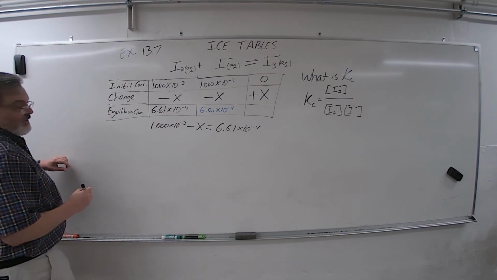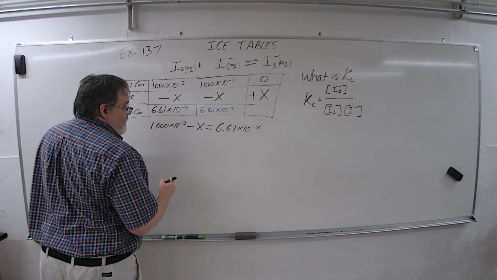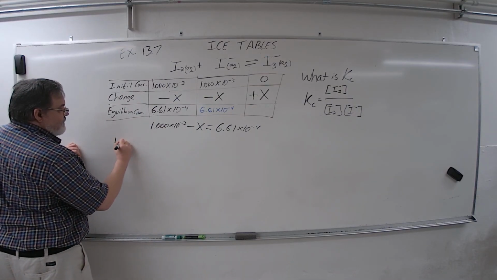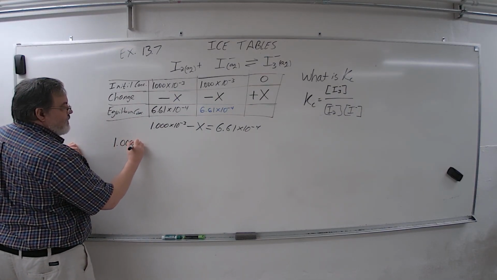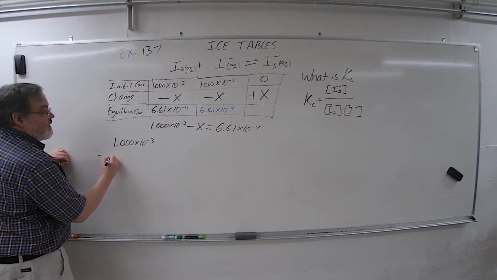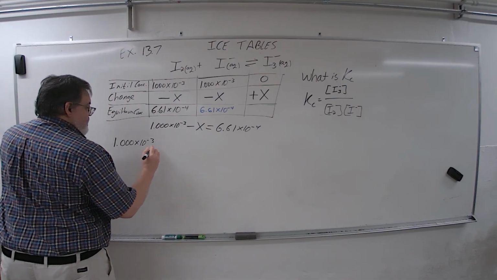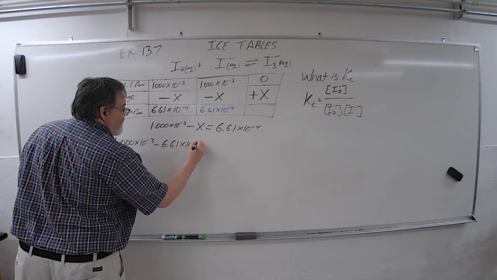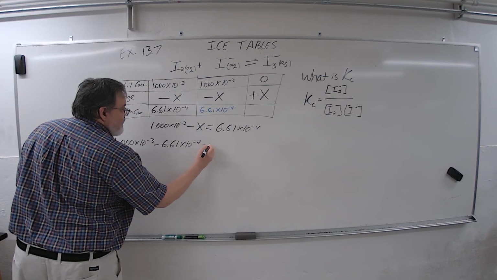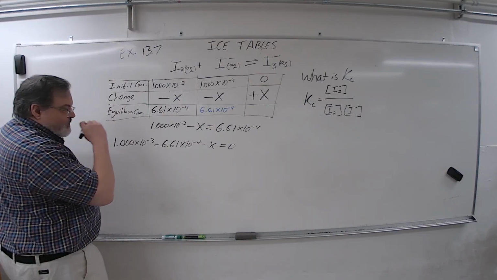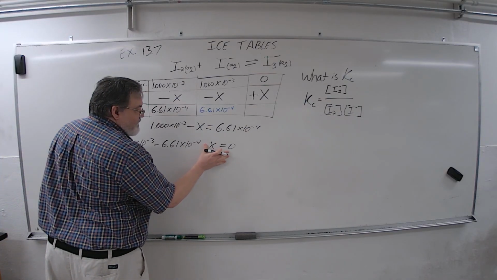What do I want to do here? Three minus 6.61 times 10 to the negative 4 minus x equals 0. Algebra-wise, now I'm just going to add plus x to both sides.